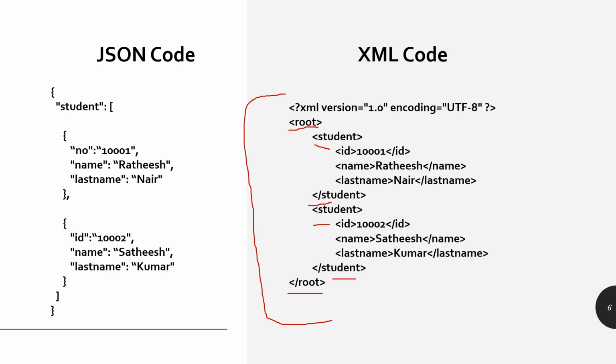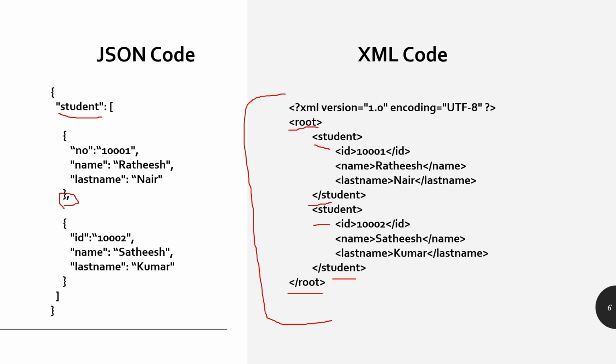Similarly, in the case of JSON code, syntax-wise it says you have to give a name value pair. This is the name, then you should have a colon here, then the value. Within the opening braces you need to specify the value. Comma is the separator here.